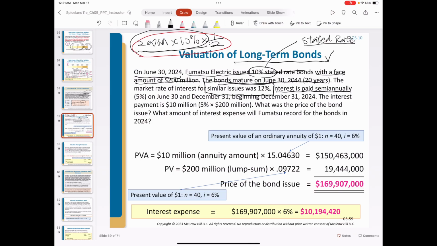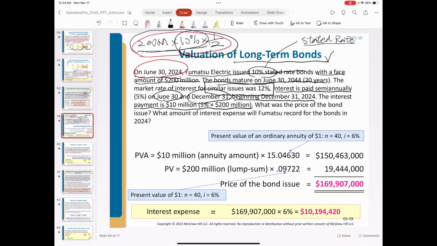The payment was made on June 30th and December 31st, beginning on December 31st, 2024, which is 6 months after the issuance of this bond. This is very important because it indicates the interest payment is an ordinary annuity.